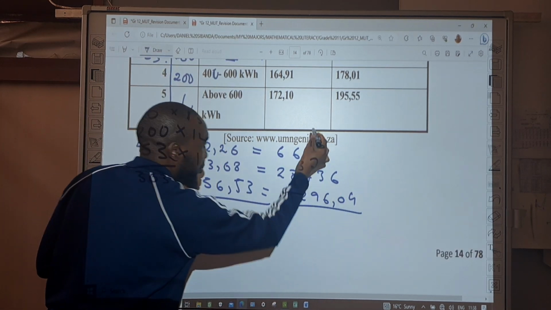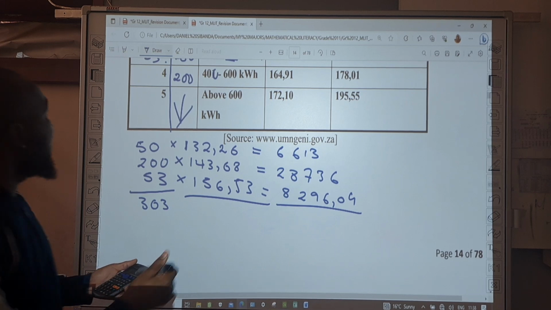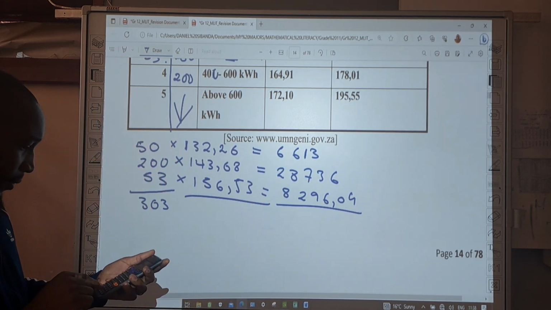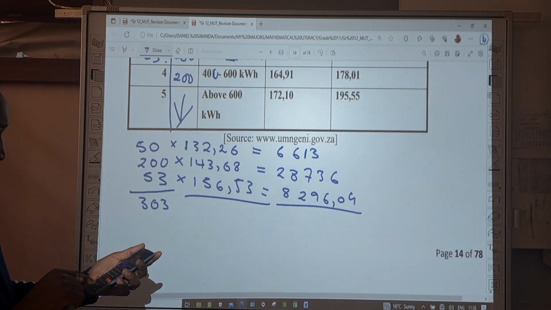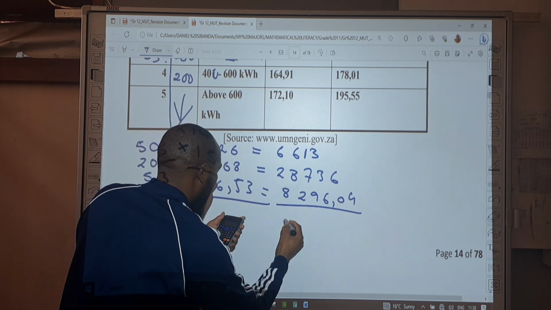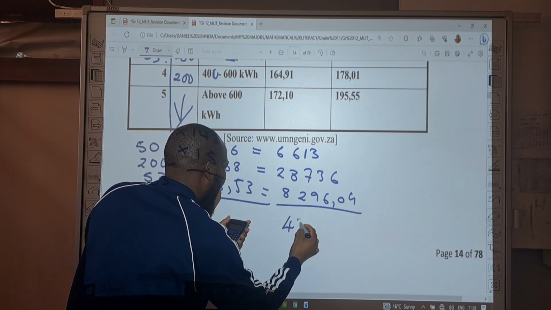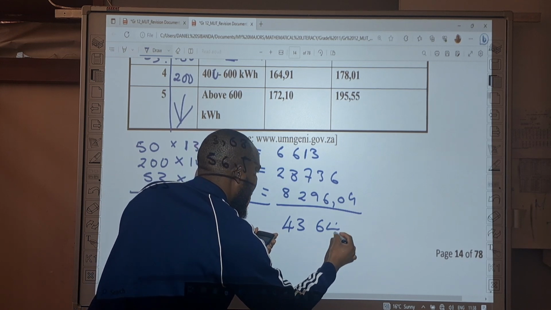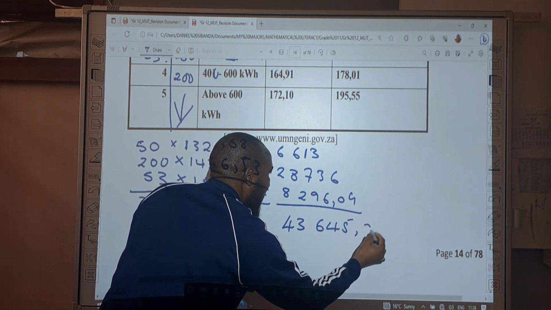Then we are going to add all of these numbers: plus 28,736. Perfect. So this gives us 43,645.09.